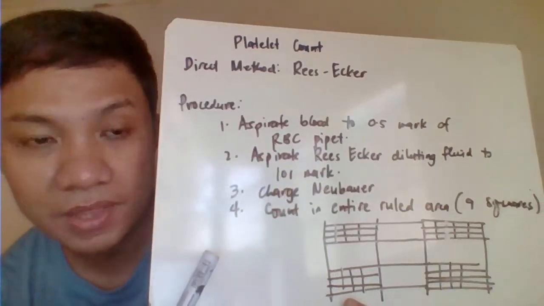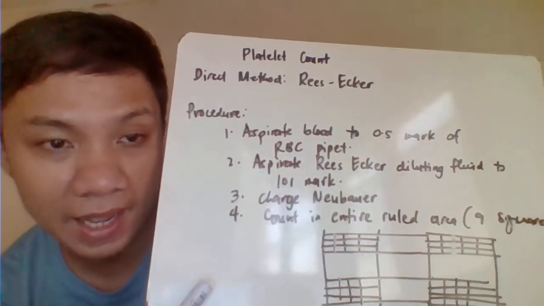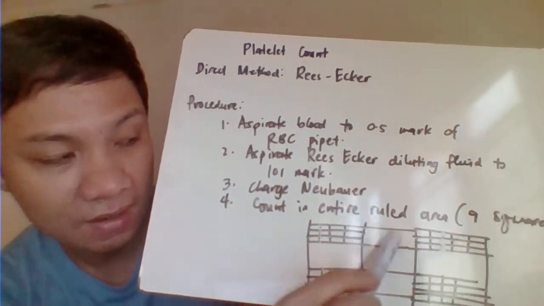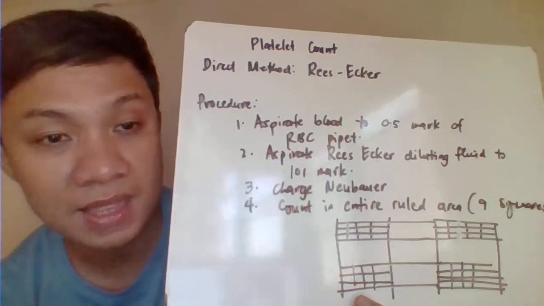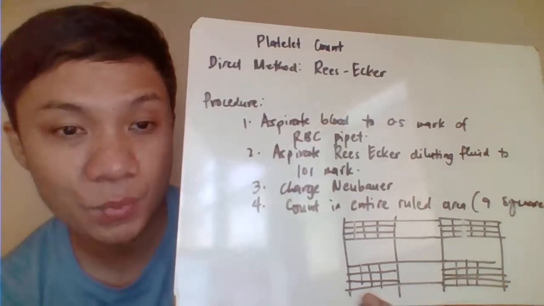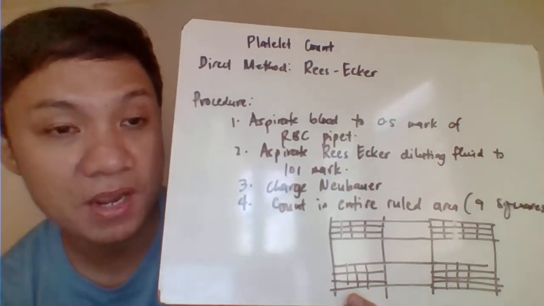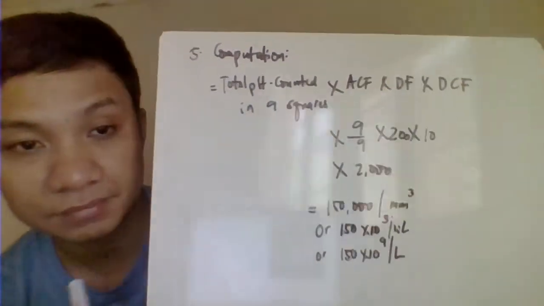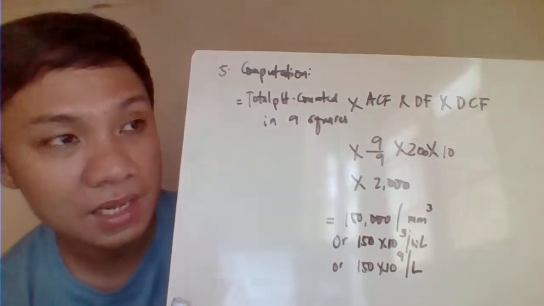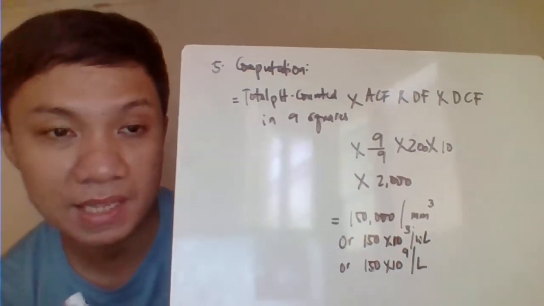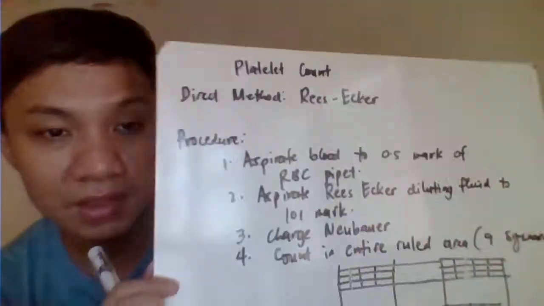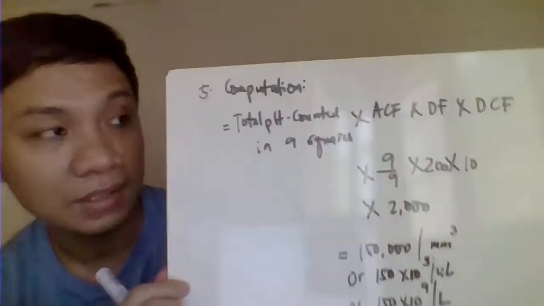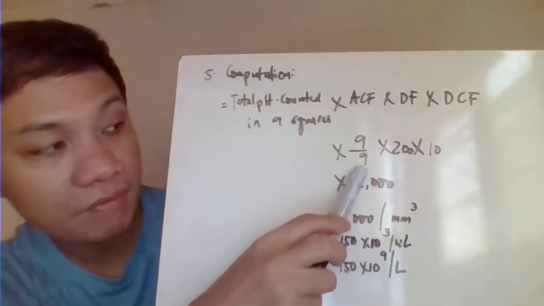So we're going to count one ruled area, the entire 9 squares. Whatever number of platelets fall within the entire 9 squares of one ruled area are your platelets. For our computation, total platelet count equals the total number of platelets counted within your 9 squares, multiplied by the area correction factor.